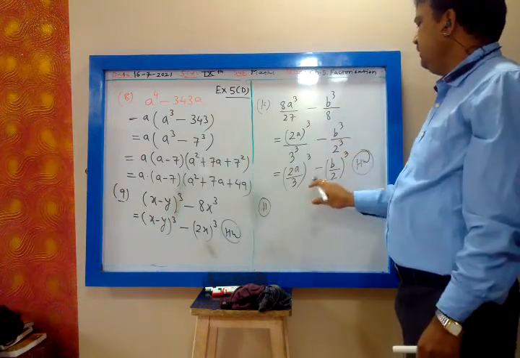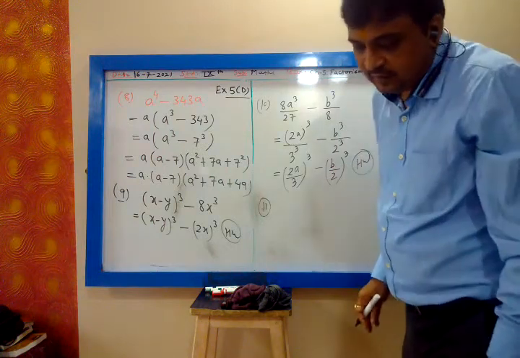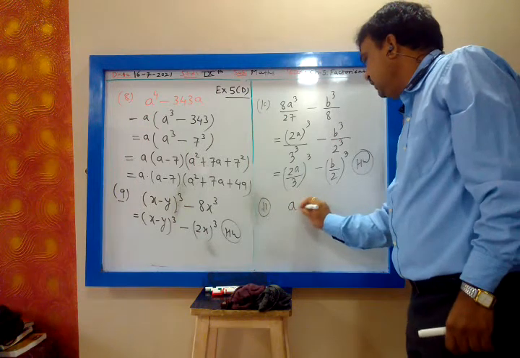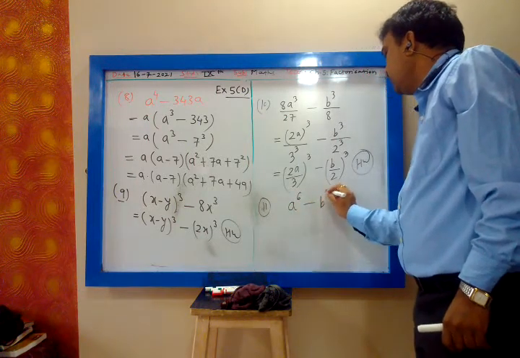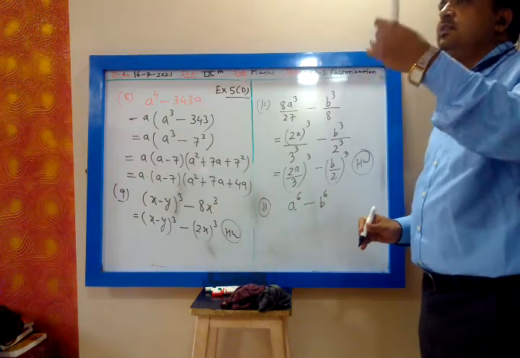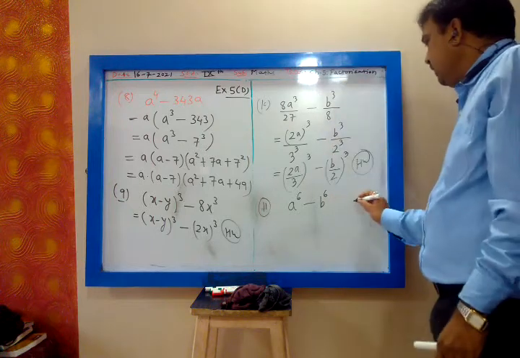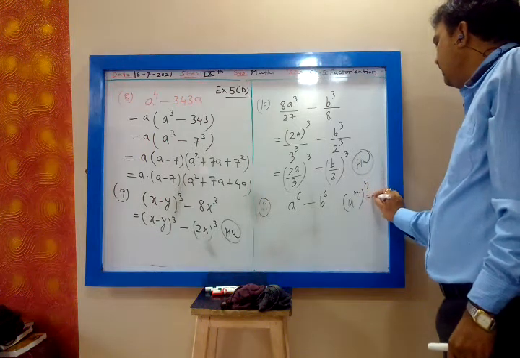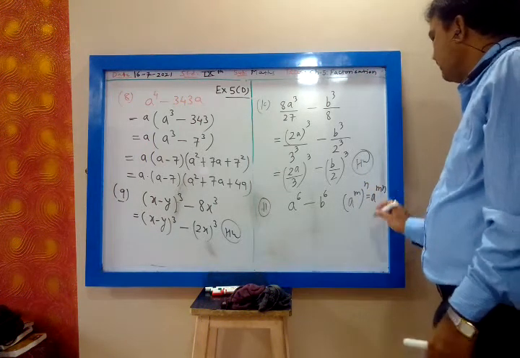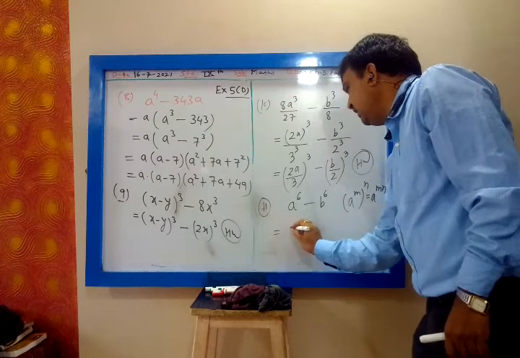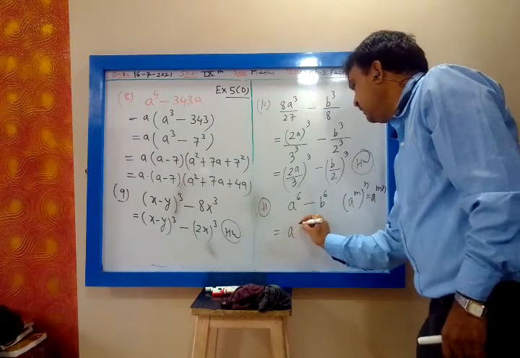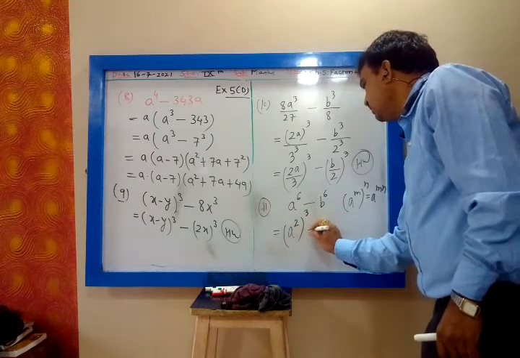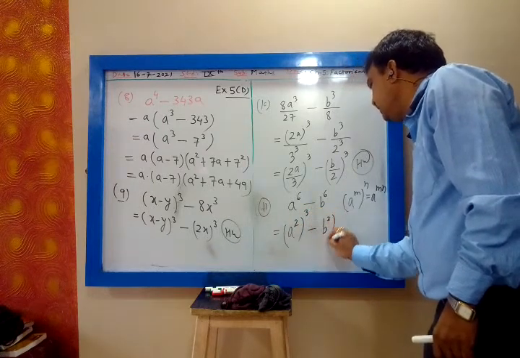a cube minus b cube, x cube minus y cube. Then a raised to 6 minus b raised to 6. Whenever you get more than the 3rd power, always think about this: a raised to m raised to n, I can write as a raised to mn. So a raised to 6 I can write as a square raised to 3 minus b square raised to 3.